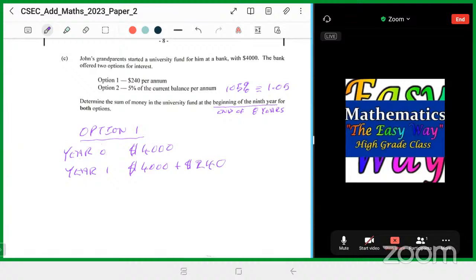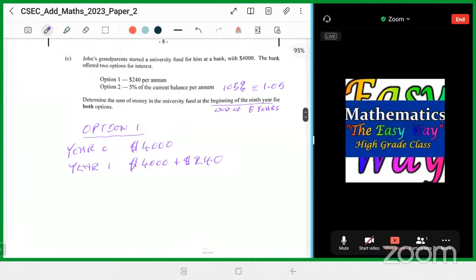We'll be adding this $240 the same number of times as the years we have. Therefore, in year 8, which is what we're looking at, the amount is going to be $4,000 plus 8 times $240. This will give us the amount in option 1.